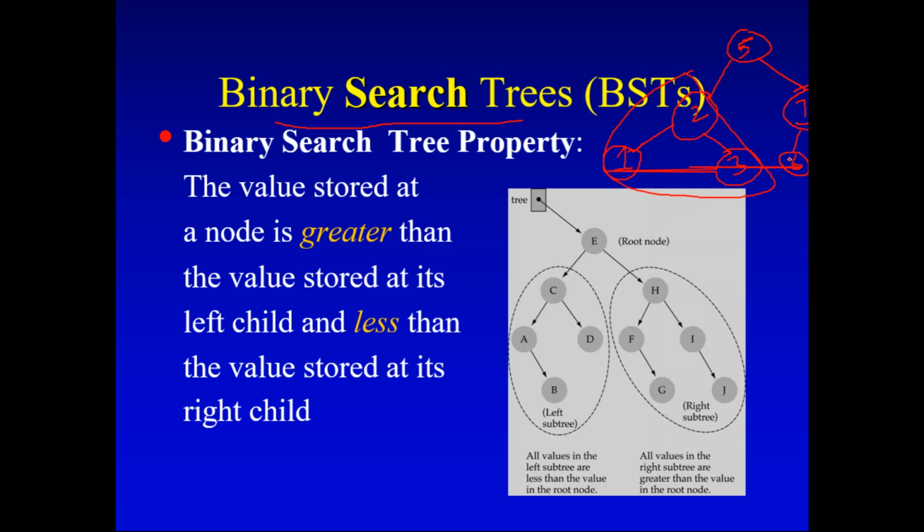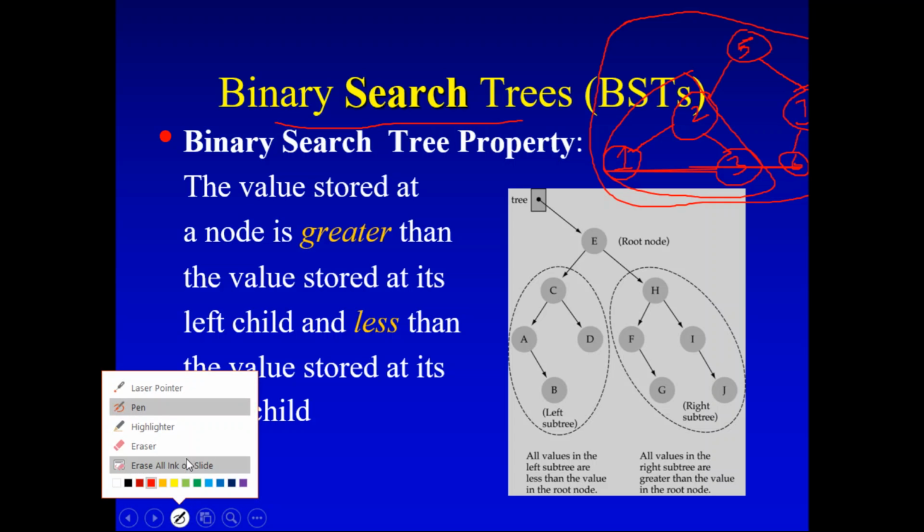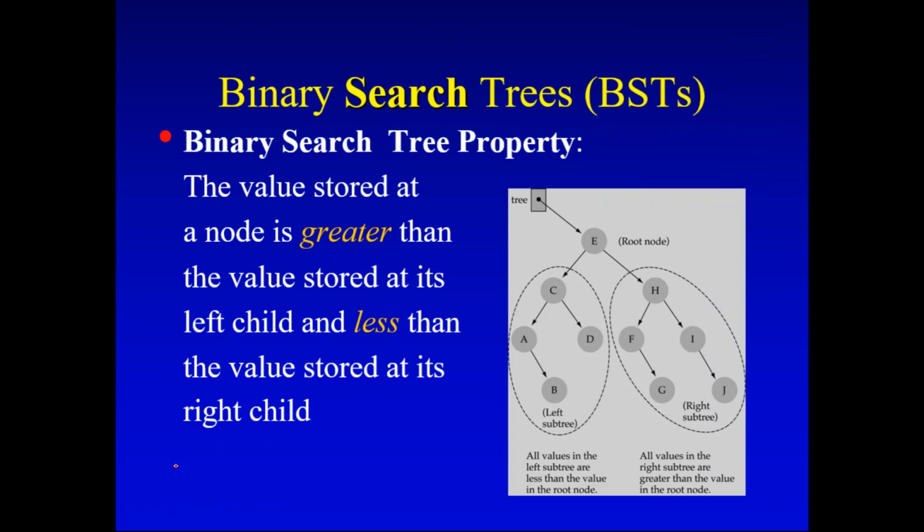And one more thing, the key values for all the nodes in a given binary search tree should be unique. That is, a binary search tree cannot have duplicate values. So this is how we define a binary search tree.